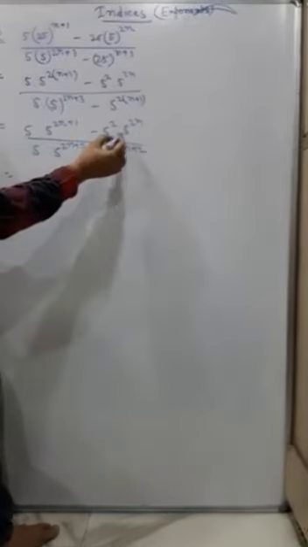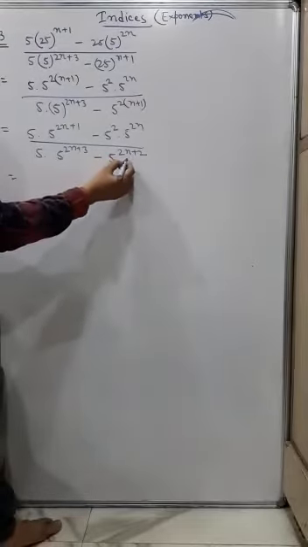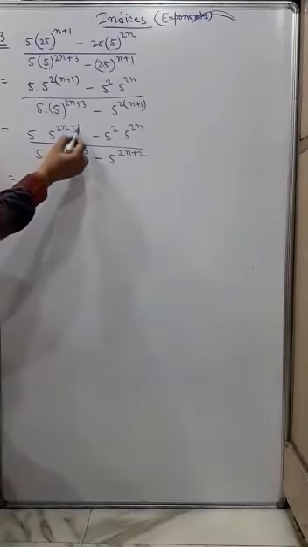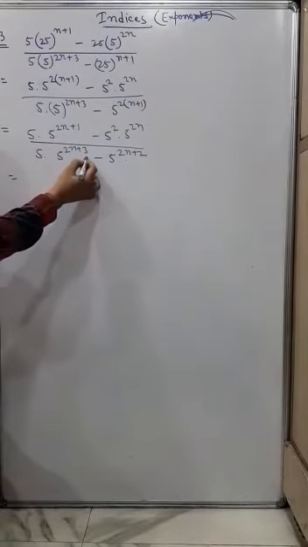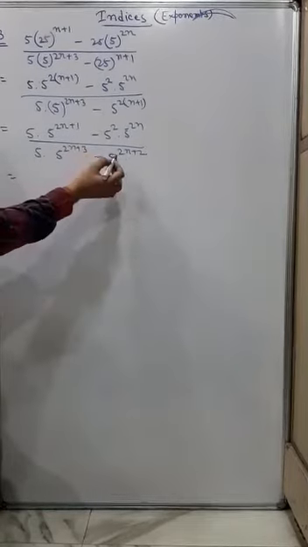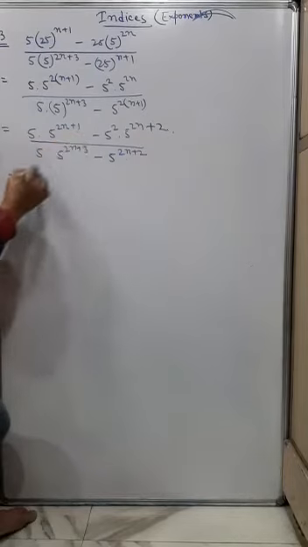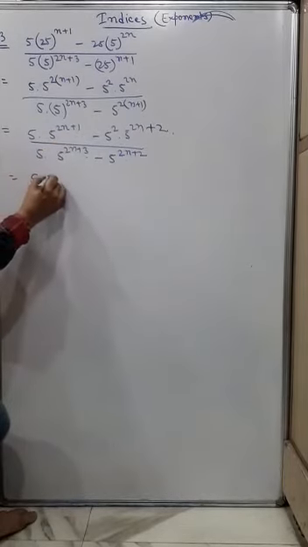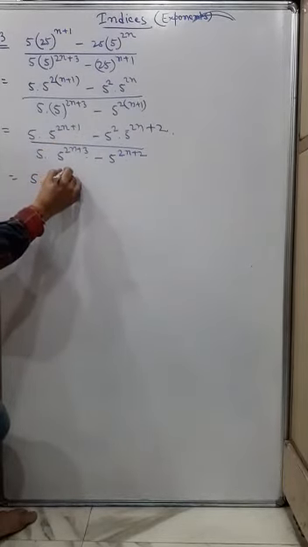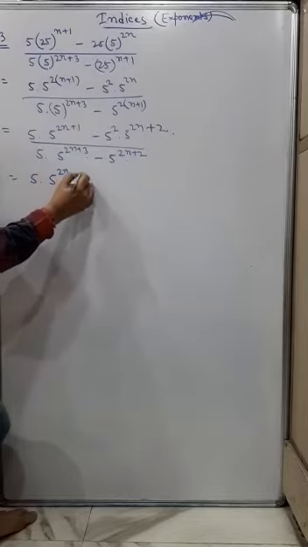And now we'll start splitting. 5 to the power 2n plus 2. Okay, now we'll split it. 5 to the power 2n into 5 to the power 1.